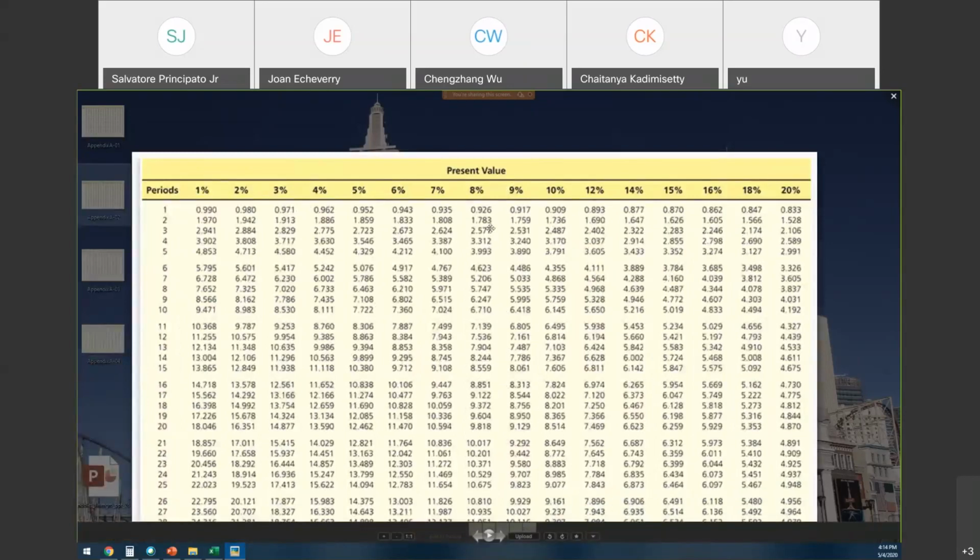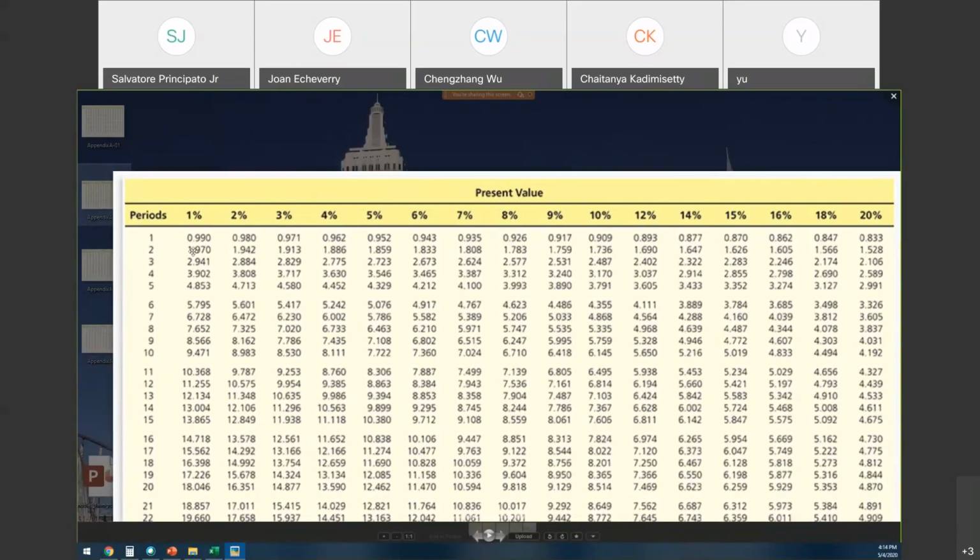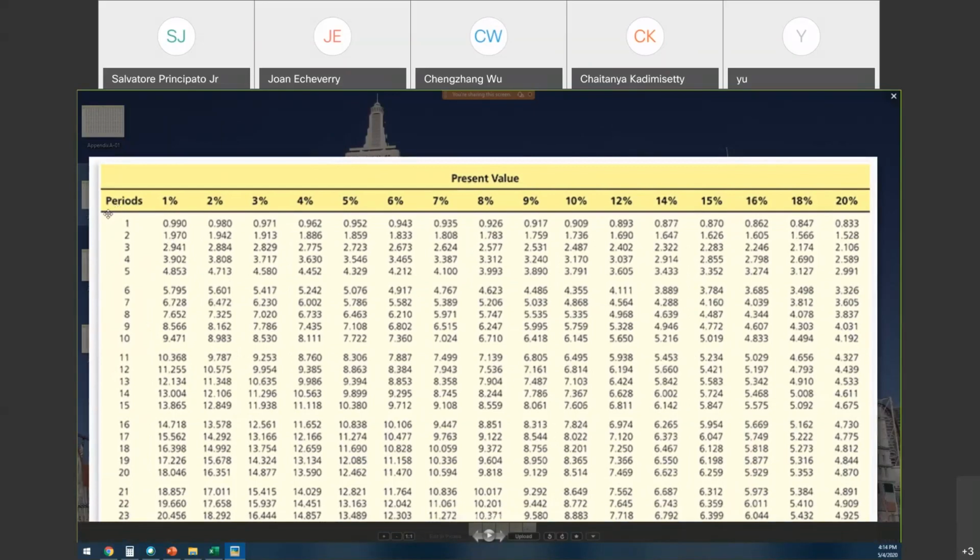We choose the column with the number closest to the annuity present value factor in the 5 years row. We know the period is 5 years.